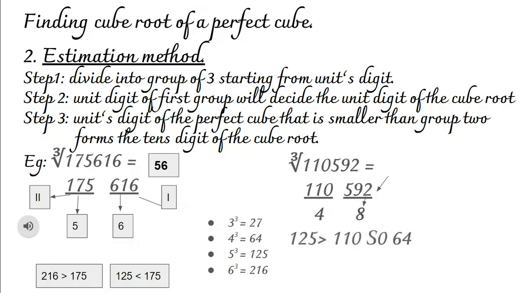So that will not work. So what can we do? 64 would do, because 64 is smaller than 110. Now see, 64 is the cube of 4, isn't it? So therefore 4 would be the tens digit. So here, the cube root of 110,592 would be 48.